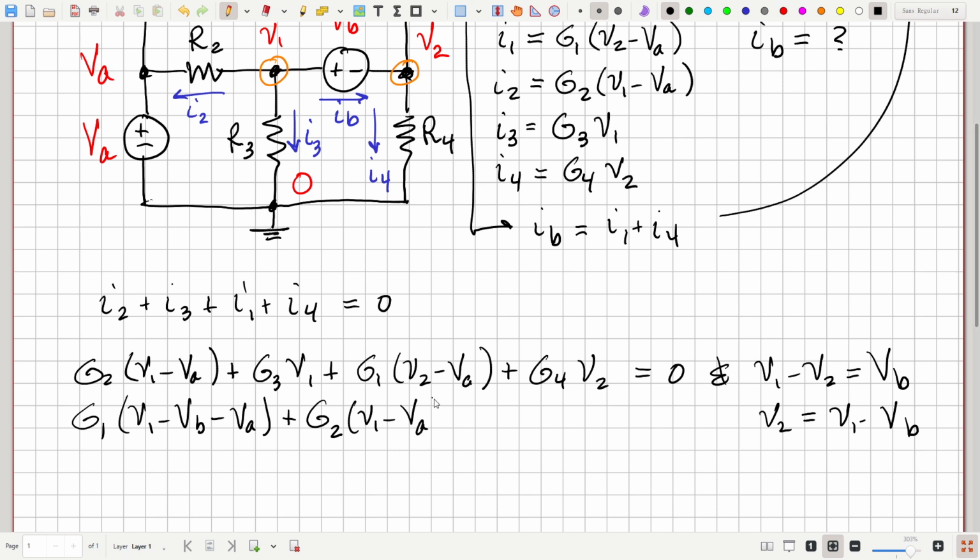Okay, we're getting rid of V2 and expressing it in terms of V1, plus G3 V1, plus G4 V2, but that's V1 minus VB. And that sums to 0. There we go. Now we have one equation in one unknown, V1. Everything else is known.